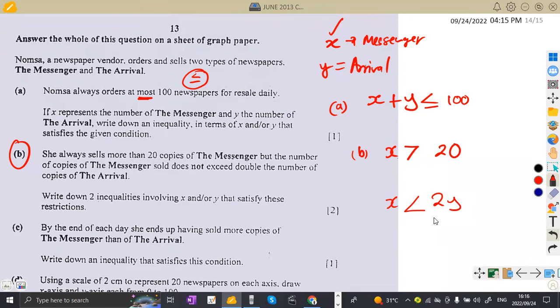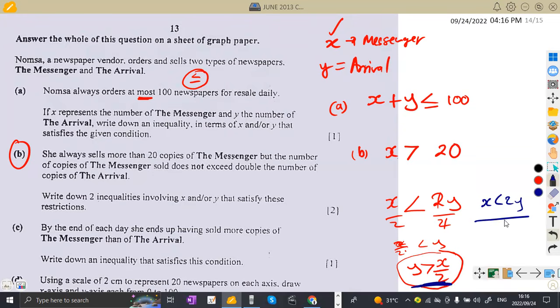So writing in terms of y, we can divide by 2 like this. That means we are going to have x over 2 is less than y, or you can write it as y is greater than x over 2. So you can write this inequality like this, or you can write it the way that it was, x is less than 2y. But this one is best for your representation on the diagram, but you can leave your answer like that.